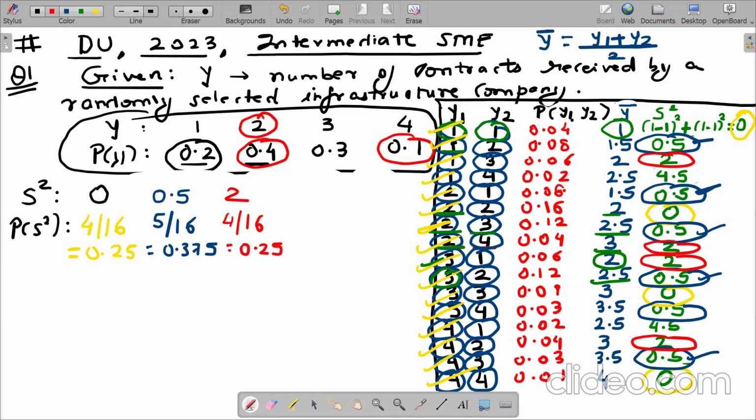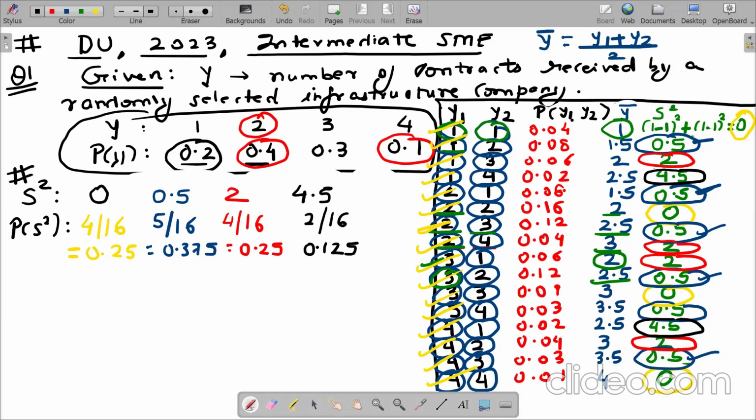And then S square is also taking the value 4.5. 4.5 is taken how many times? 1 and 2 times. So 2 by 16, which is 1 by 8, which is 0.125. So my probability distribution is that probability. This is my probability distribution of S square.